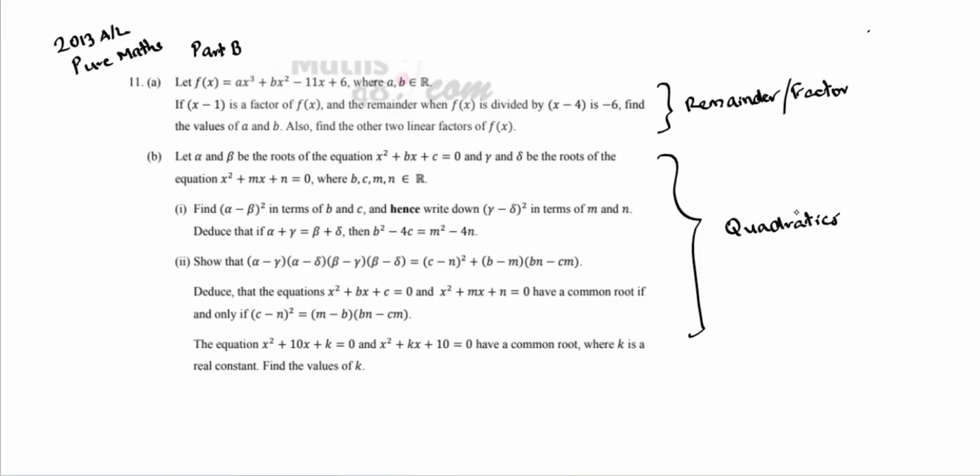Generally, for this A part, you're going to receive somewhere around 45 marks out of 150, and the rest of the marks, somewhere around 105, is allocated to the B part. So it's necessary to understand that the quadratics part carries a little more weight than the remainder theorem and factor theorem in the 2013 paper. Now we'll discuss all of this.